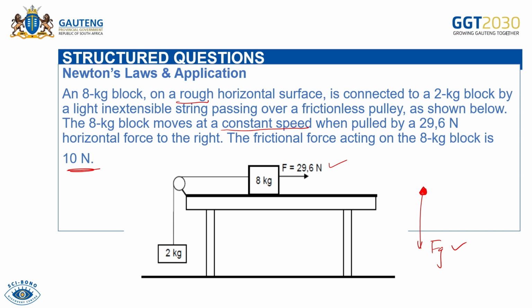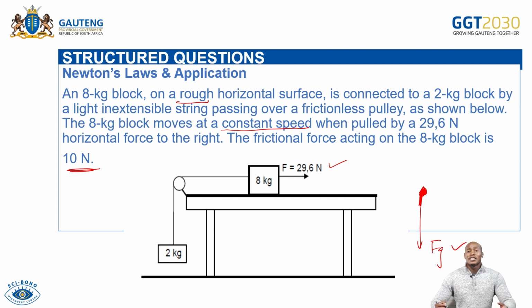It should start from what? From the dot. You can see my force is starting from the dot. It's not something like this. So this is wrong. Even if you can label, it's wrong because it's not starting from what? From the dot. So please make sure that you draw correct forces starting from what? From the dot. Okay. So I'm having my Fg, and this object is on the surface.